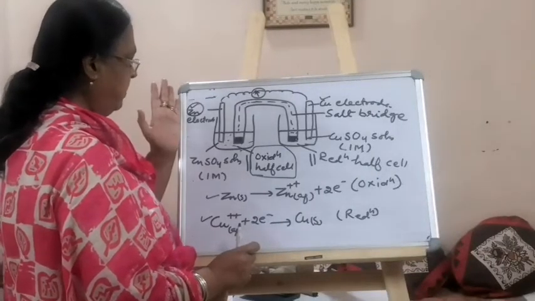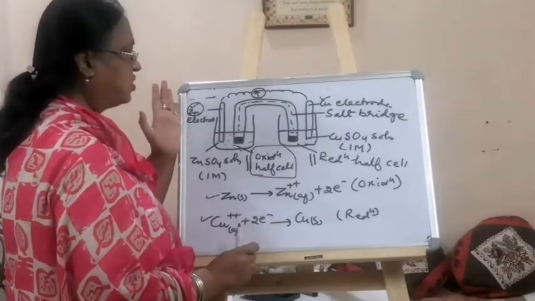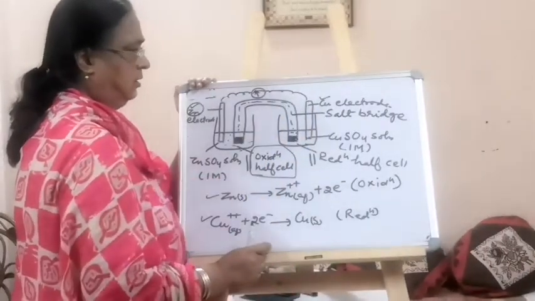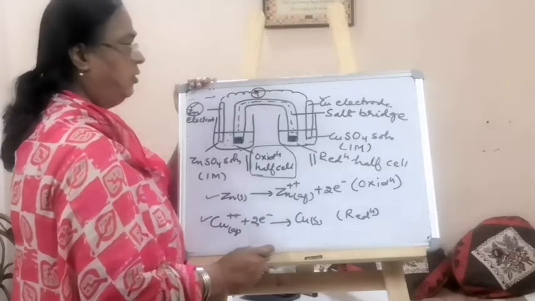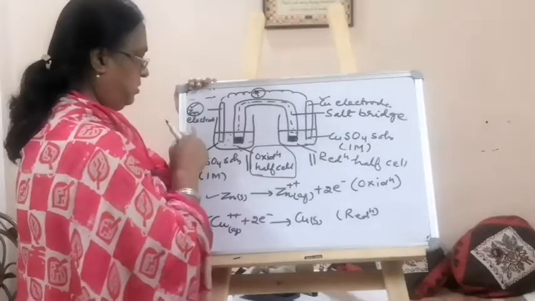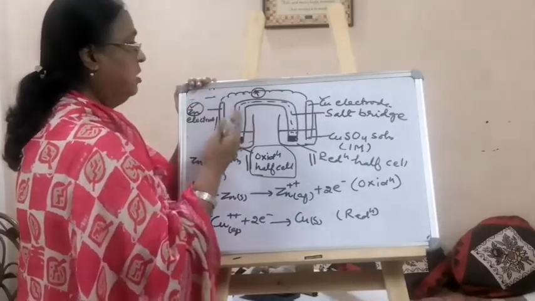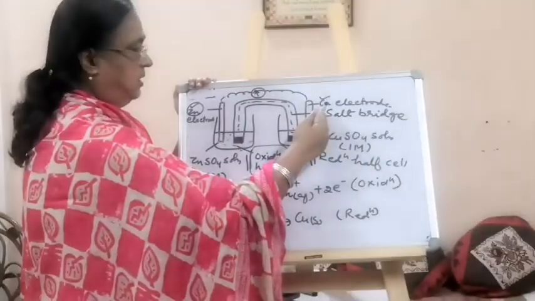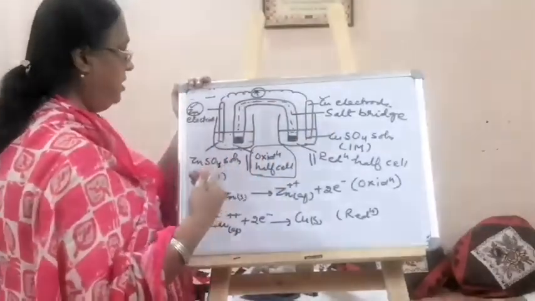So the more reactive metal will undergo oxidation faster than the less reactive metal. The less reactive metal, in other words, will undergo reduction faster than the more reactive metal. So the more reactive undergoes faster oxidation, slower reduction. The less reactive metal undergoes faster reduction but slower oxidation.